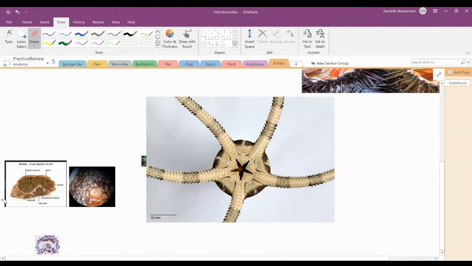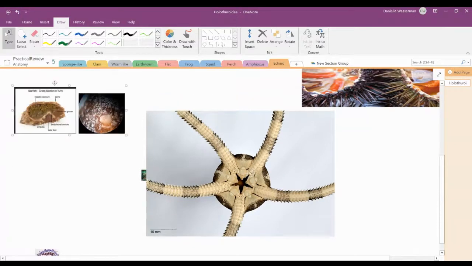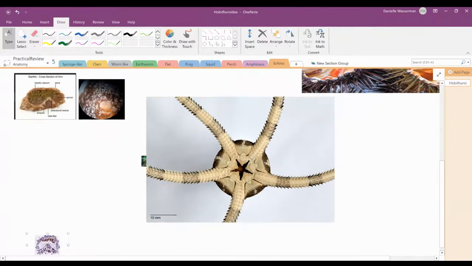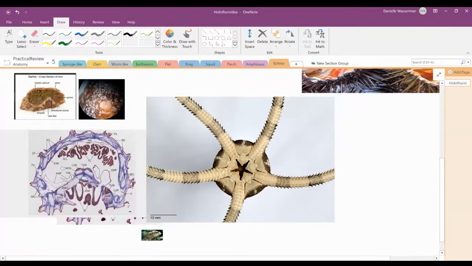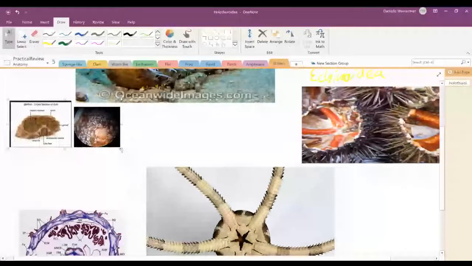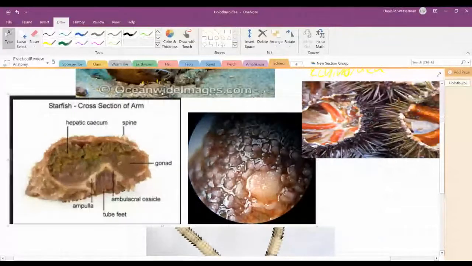So there will definitely be something on the anatomy of a starfish arm. And it could be a cross section like this. I think it's very, very likely that you'll get a dissection picture.